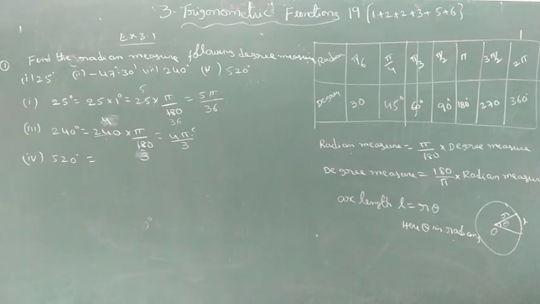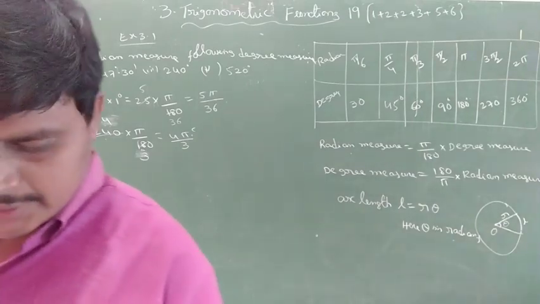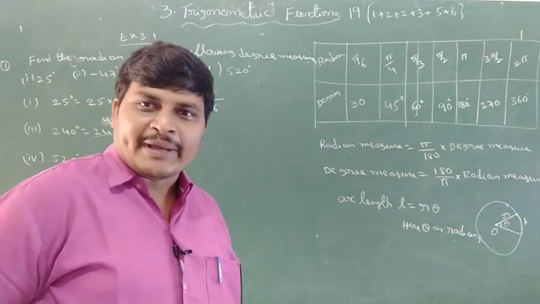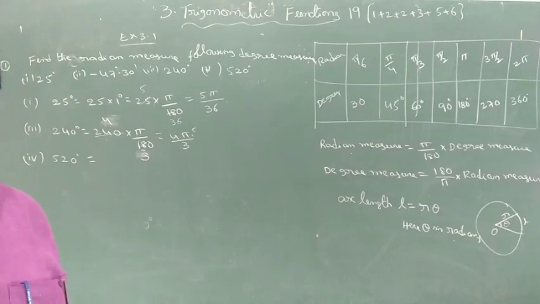Okay, this is the homework. And the second one is minus 47 degrees 30 minutes. Below 1 degree is converted into minutes. For example, below 1 rupee, like 90 paisa: below 1 rupee is converted into paisa.